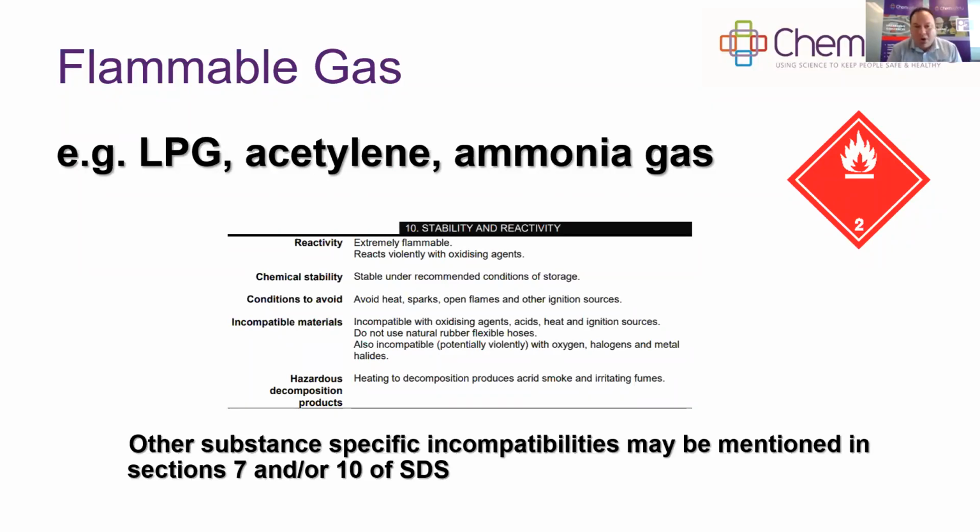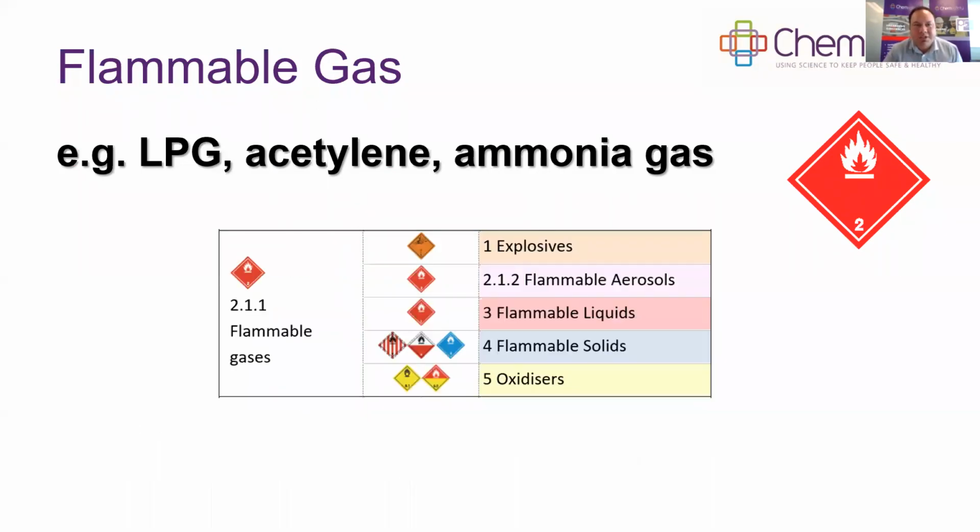Good example of some incompatibles with regards to our flammable gases there is basically the mixture of our acetylene gas with oxygen gas. Now this is a common practice. This is commonly known as oxyacetylene welding or metal cutting. And what happens there is it actually uses the incompatibility of the two substances in a controlled situation to do work for us.